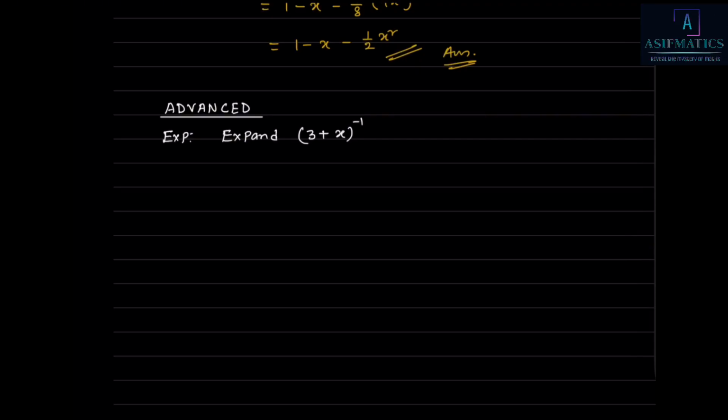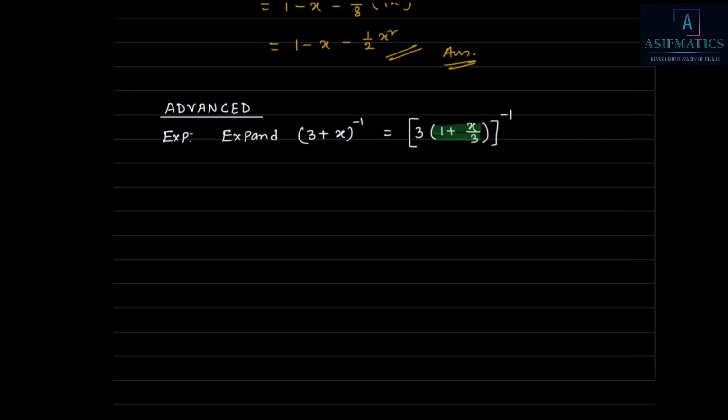What we do, we will take 3 common outside, and then we can write 1 plus x by 3 inside and whole to the power minus 1. Okay, so this inside term, this is our binomial expansion in correct format.